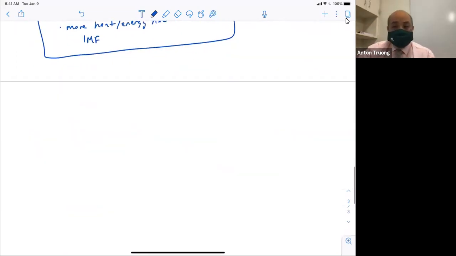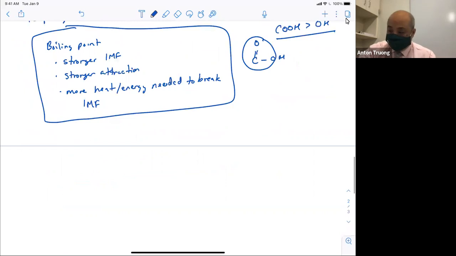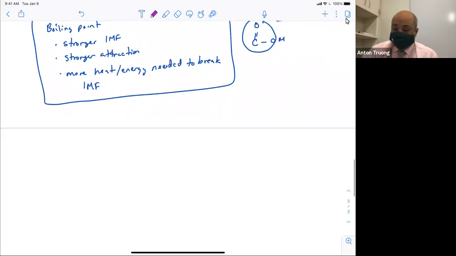Okay, one last thing and then we'll take a break. One of the state and explain things I've noticed on the questions is that they'll talk about bond strength and bond length in terms of bonding.